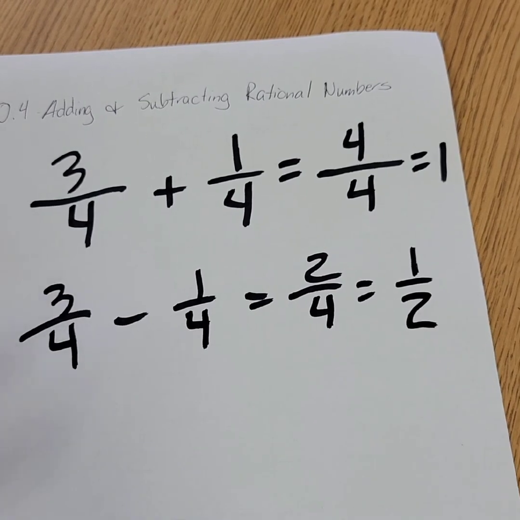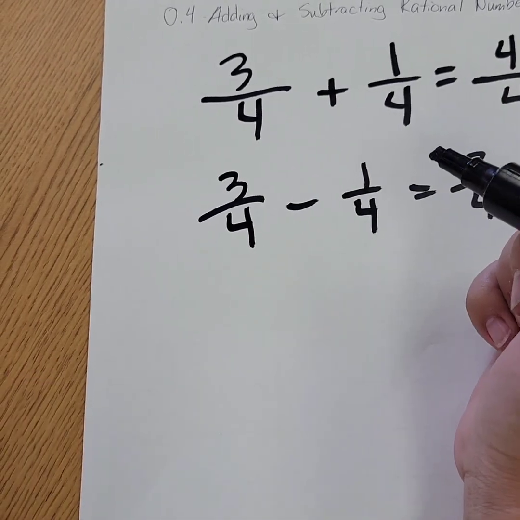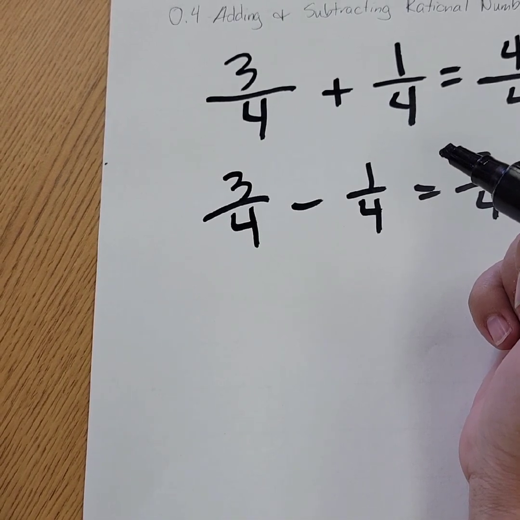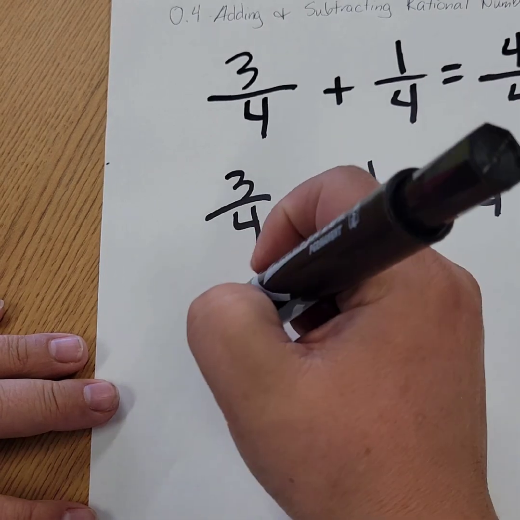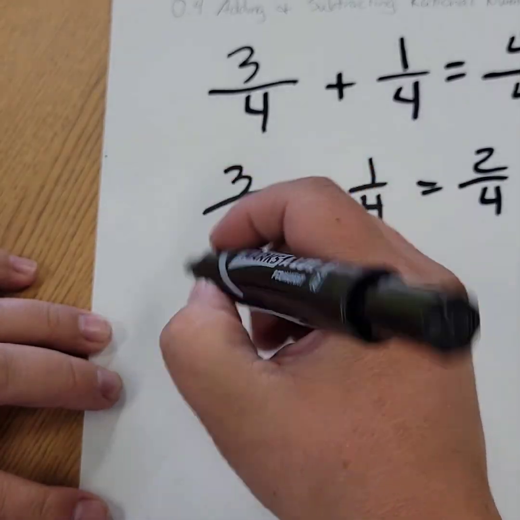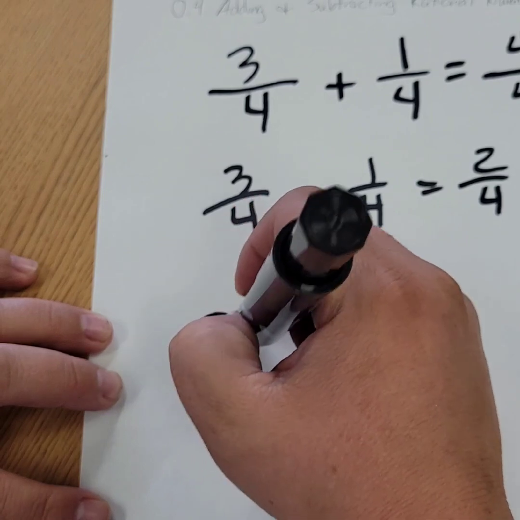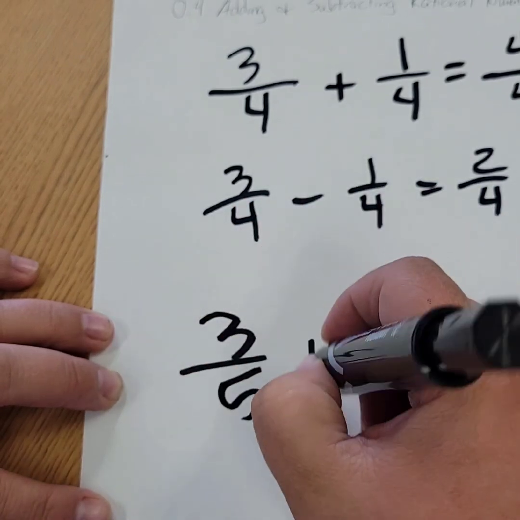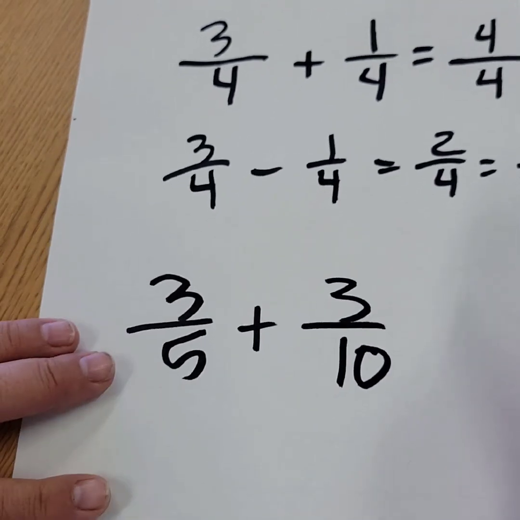So the basic stuff. Okay, so then we'll have something like 3/5 plus 3/10. So this one isn't as bad.